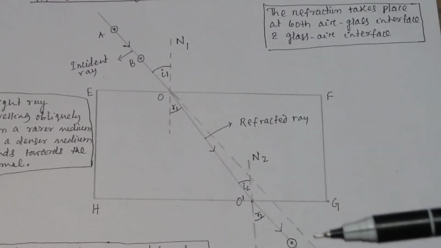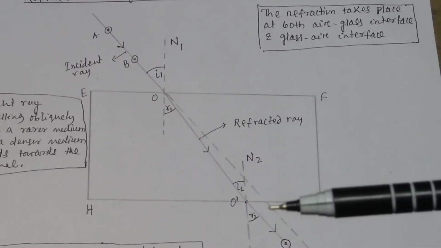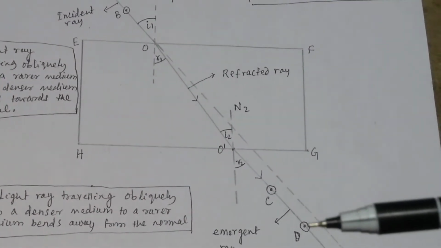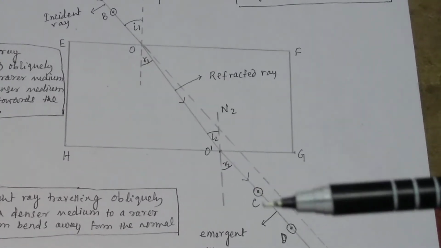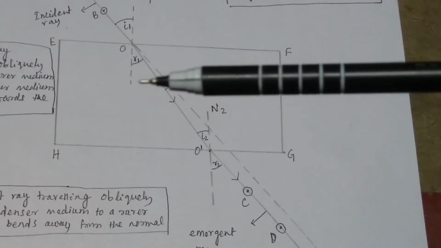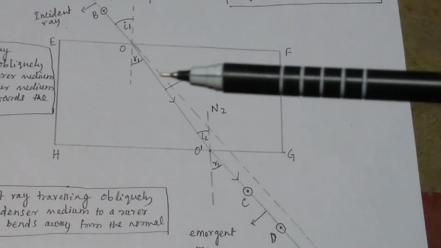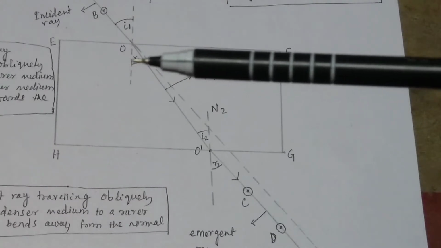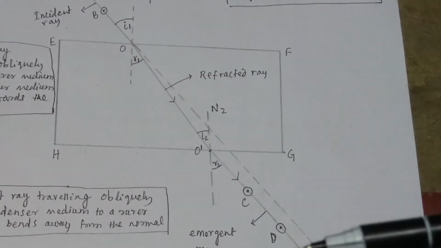So looking at this other side of the glass slab, you fix two hairpins C and D such that the hairpins CD and the refracted image of AB inside the glass slab lie in one line.